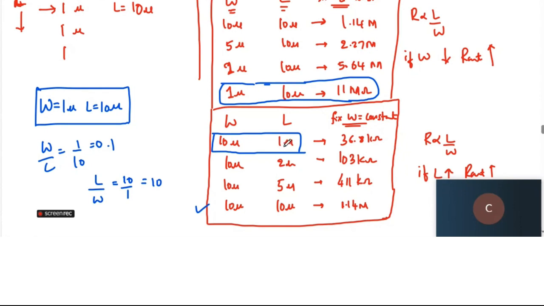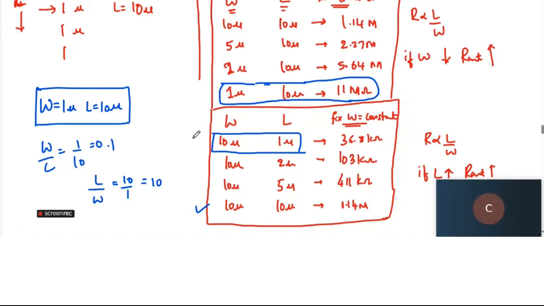The only other dependency is how your entire outcome would change if you change the W by L. We'll also discuss that, because now we observed how R out changes when we change W and L. Now, if this R out changes, how your other outcomes are reflected, or how they are also going to change, that also we will try to understand by varying W by L again in our subsequent experiments. So let's try to fix up two particular things.